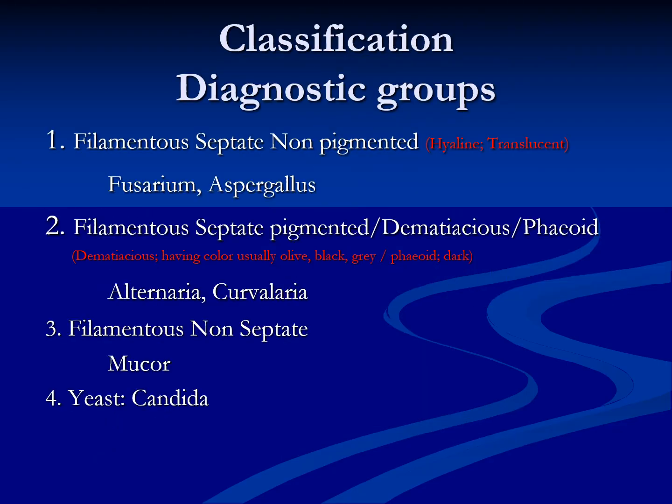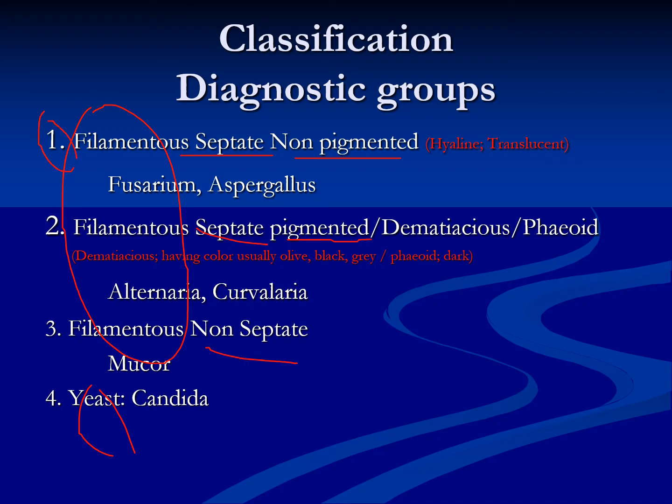For an ophthalmologist, what you need to remember is that fungi can be filamentous or non-filamentous. Filamentous can be septate or non-septate, and the septate then can be non-pigmented or pigmented.